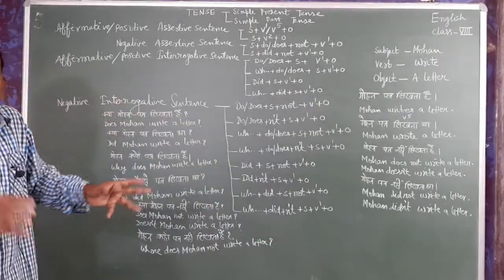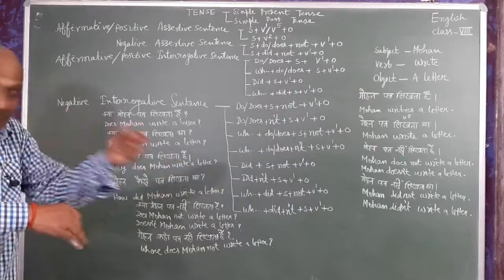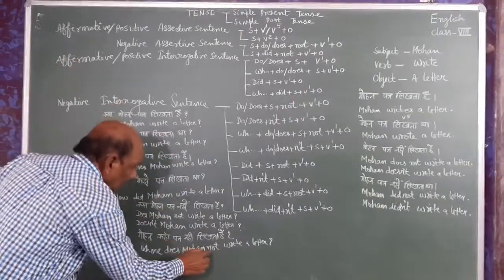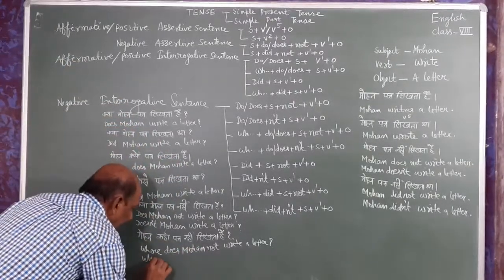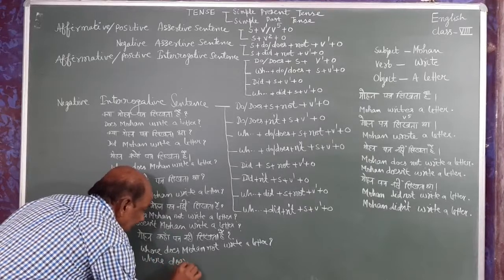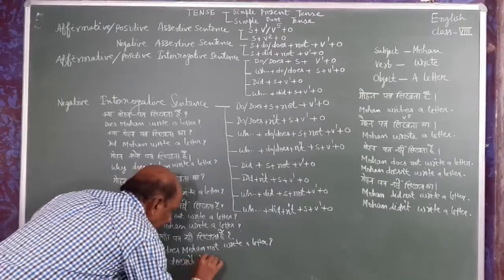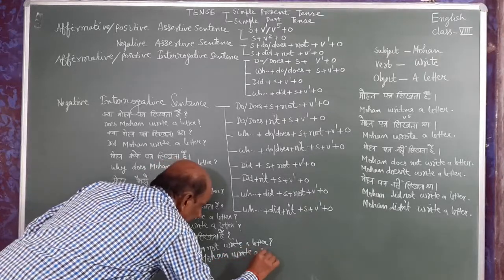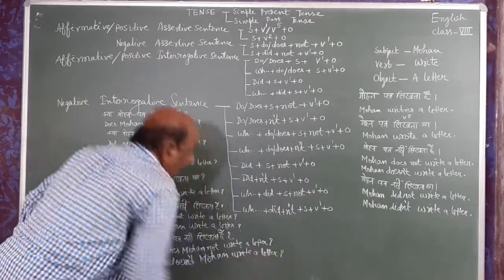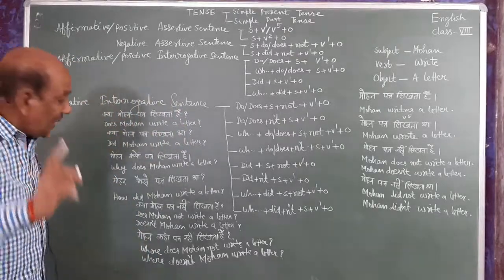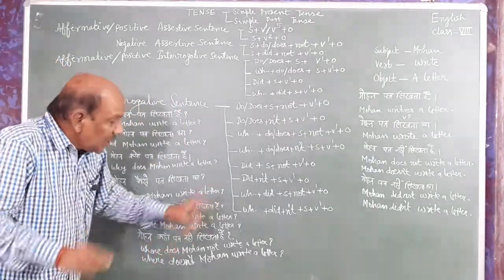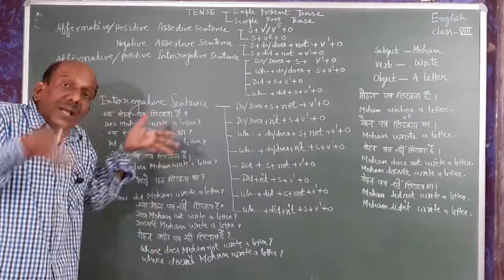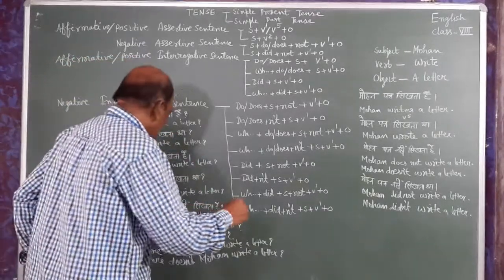Where does Mohan not write a letter? Now see the not here. Where doesn't Mohan write a letter? And you have to focus on pronunciation. Where does Mohan not write a letter? Where doesn't Mohan?